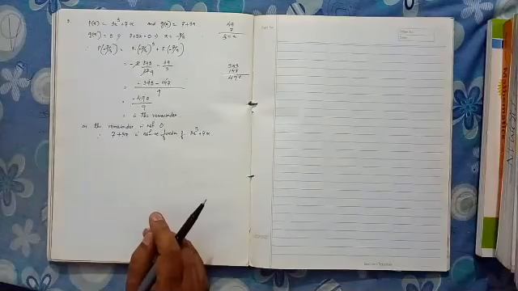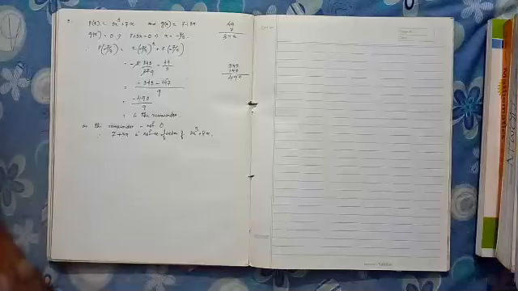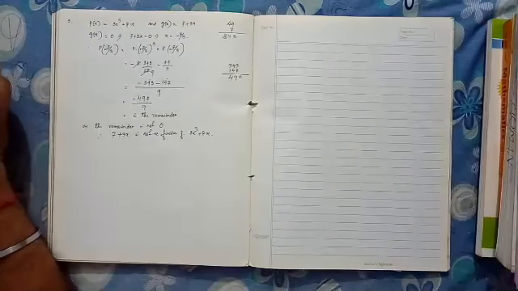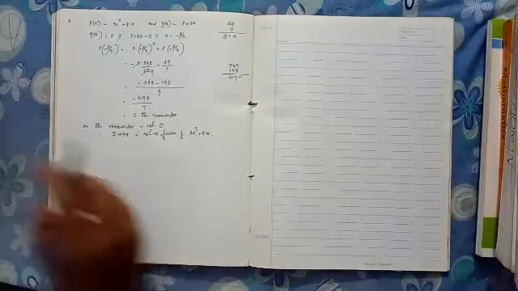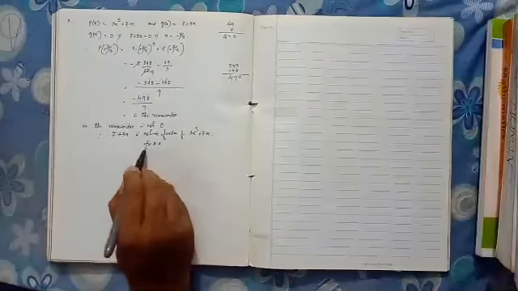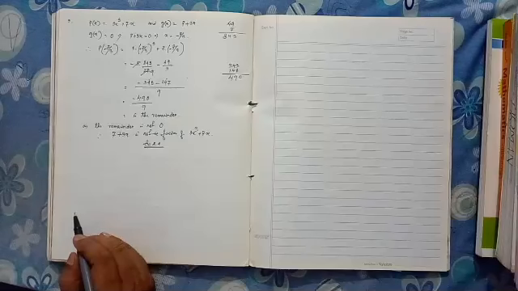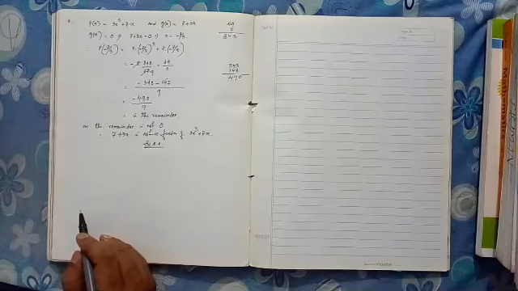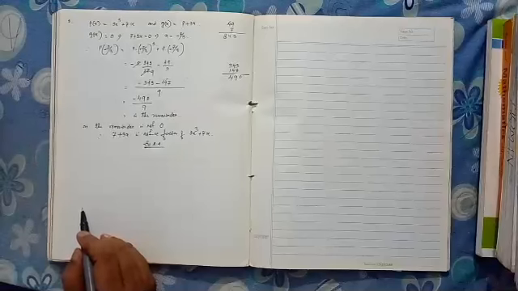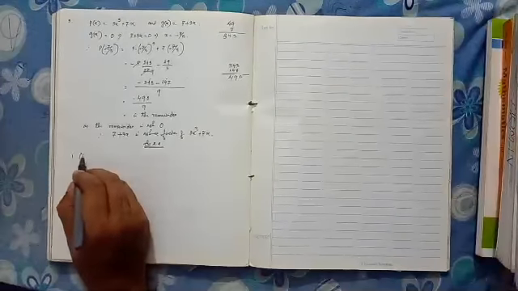Okay. Next, exercise 2.4. In exercise 2.4, determine which of the polynomials has x plus 1 as a factor. So I am doing sum number 4.